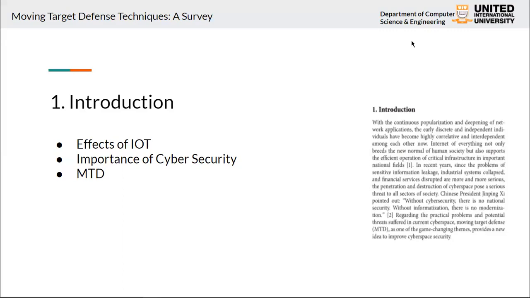So we can realize from this quote that cybersecurity has been a very major issue from a national perspective. And to ensure cybersecurity, the author has described that MTD has developed a large number of theories, methods, and technical research results that provide cybersecurity.